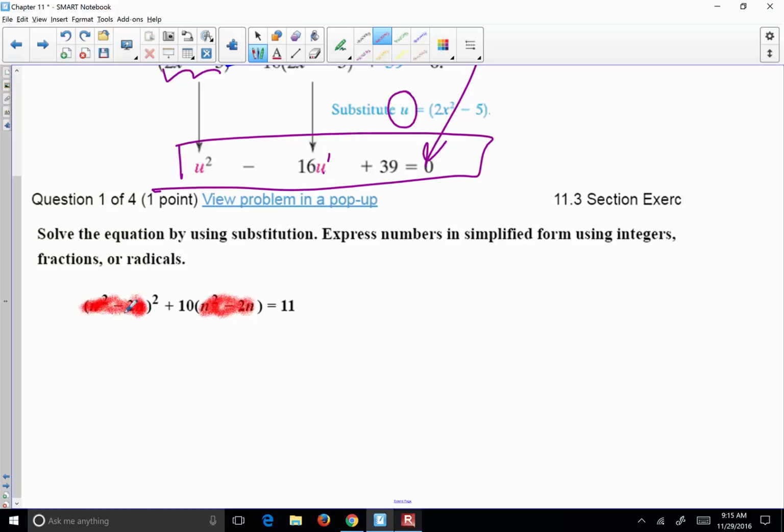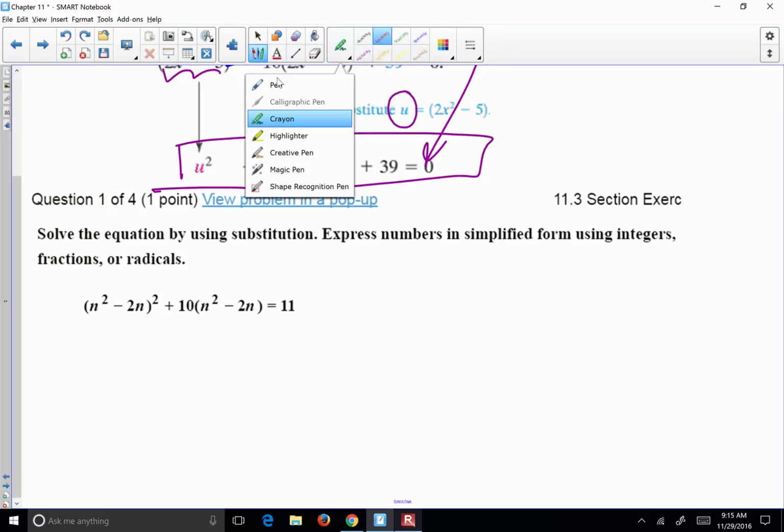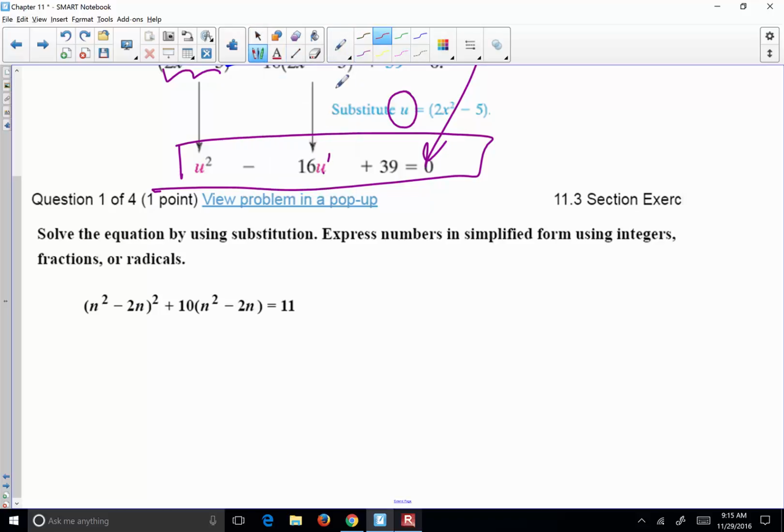I have something squared plus 10 times that thing and a number. It's just whatever you have underneath that makes it confusing. But no, don't be confused. All you need to do is take a different color pen and call them u. So I will make this thing u and this thing u.